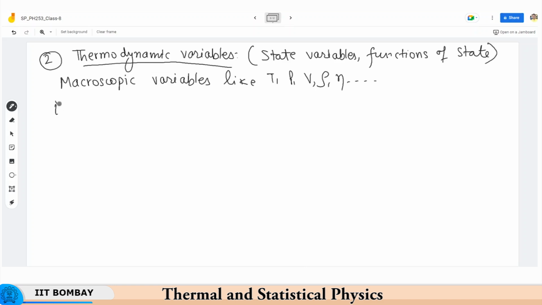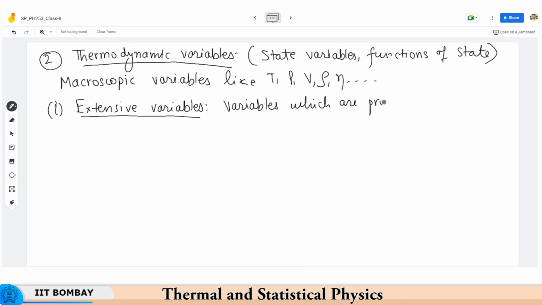Depending upon what we have, we can divide these variables into two more categories. The first one is known as extensive variables. These are variables which are proportional to, or which scale with, the system size.